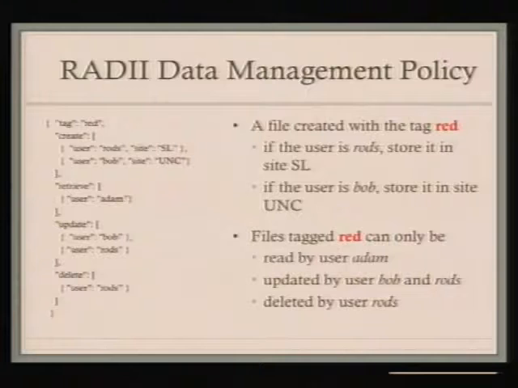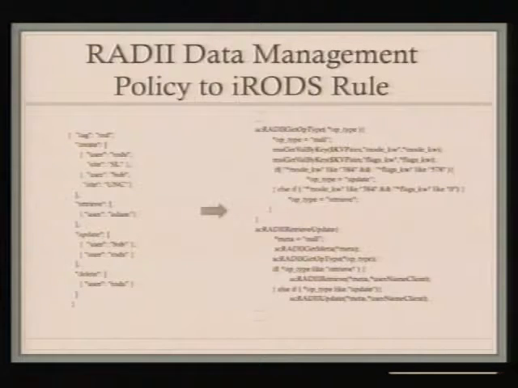And the file tagged red can only be read by Adam, and cannot be read by anyone else. These are the policies described in JSON. These RADII policies are then converted into iRODS rules that translate these policies into iRODS language.